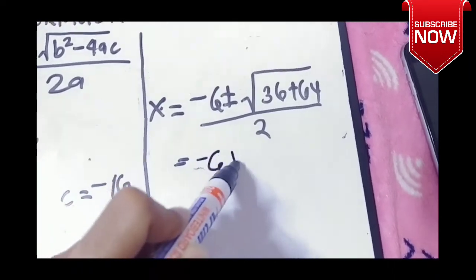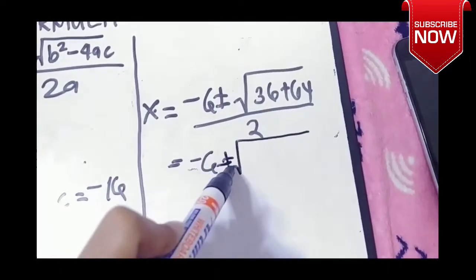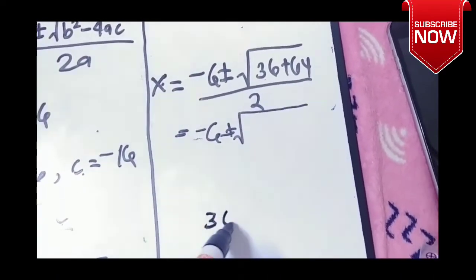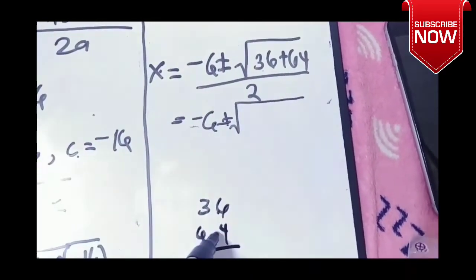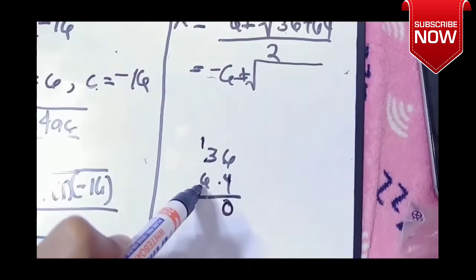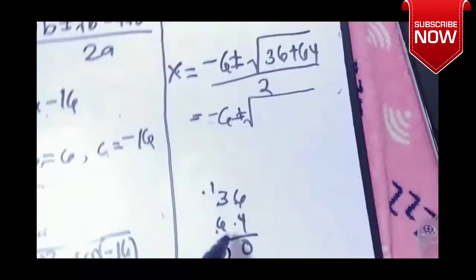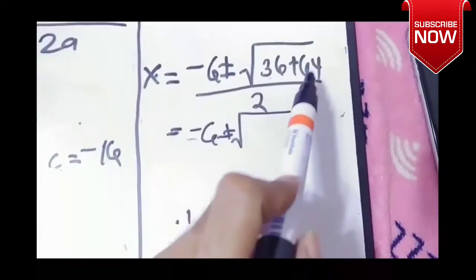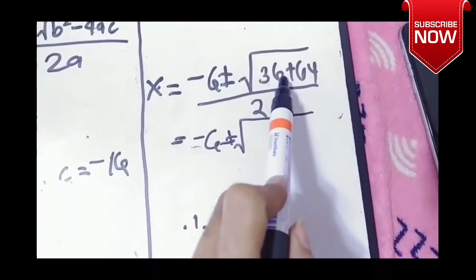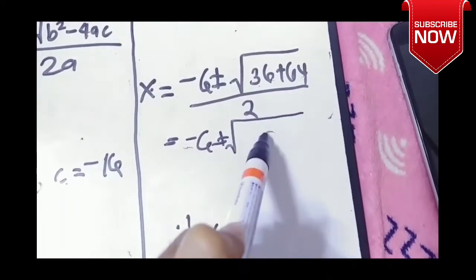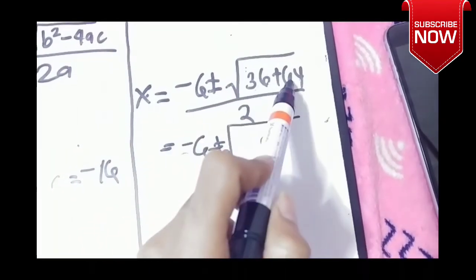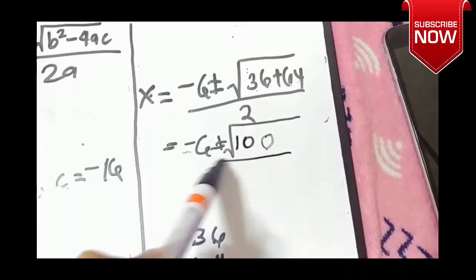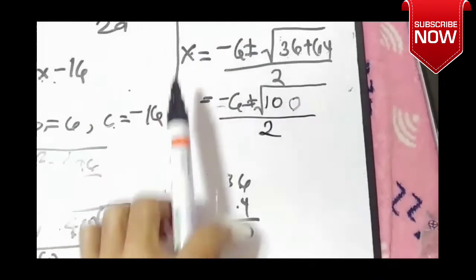So, negative 6 plus minus square root of 36 plus 64. So, pwede tayo mag-solve dito. 36 plus 64. 6 plus 4, that is 10. 3 plus 6, that is 9. Plus 1, that is 10. So, 100. Sa mga mabilis na mag-solve ng math, especially sa addition, so you can directly solve 6 plus 4. Carry 1. 3 plus 6, that is 9. Plus yung kinary mo na 1, that is 10. So 100. 1 over 2. So erase.